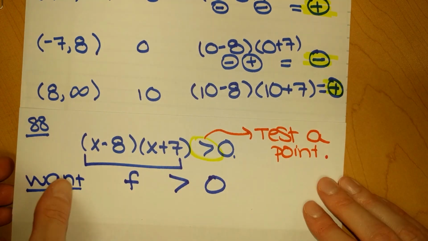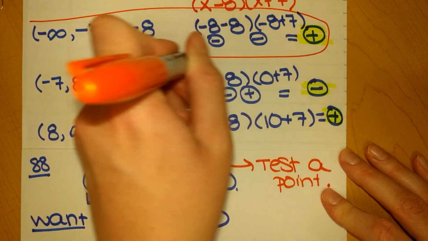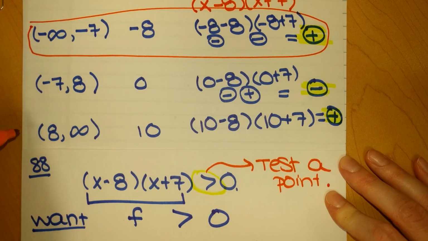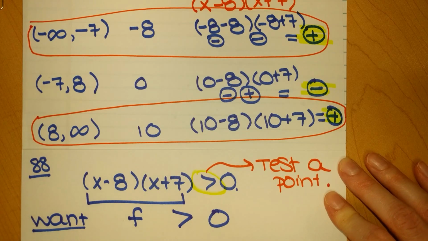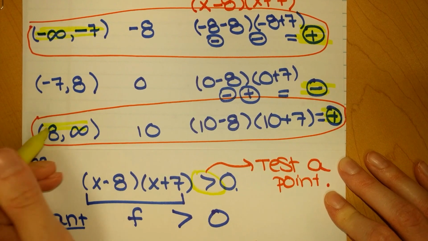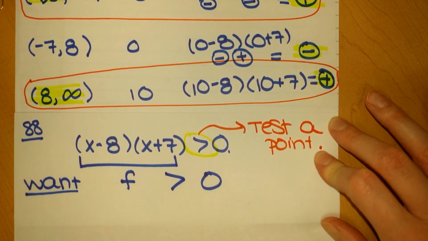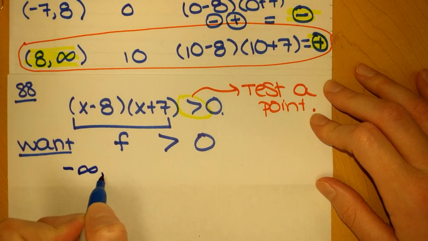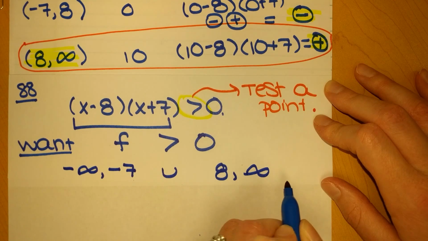So if you look up here at our test points, what we see is that for this first interval, we have a positive greater than 0. And for the last interval, we have a positive greater than 0. So those intervals, negative infinity to negative 7 and 8 to infinity, are going to determine our answer. So we will have negative infinity to negative 7, union 8 to infinity.